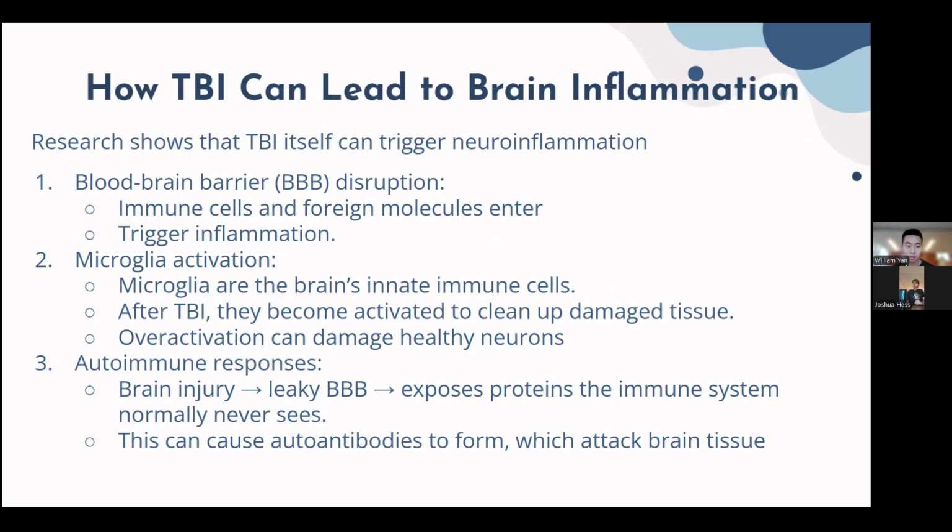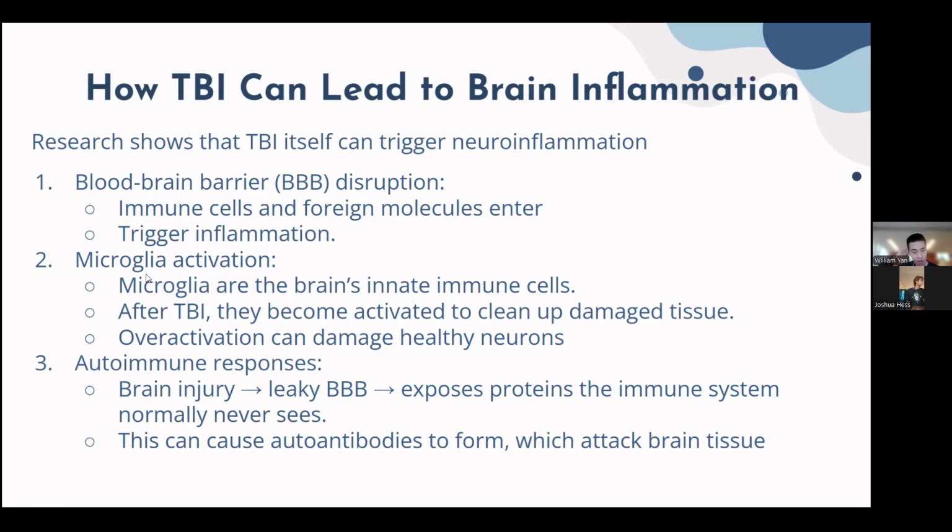Okay, so now I'm going to move on to how TBI can lead to brain inflammation. Research has shown that a big cause of that is blood-brain barrier disruption. The brain is a very, very important part of our body, and so during millions of years of evolution, we have developed this blood-brain barrier, which blocks what's mainly in the blood from our brain, so that foreign substances cannot get to our brain that easily.